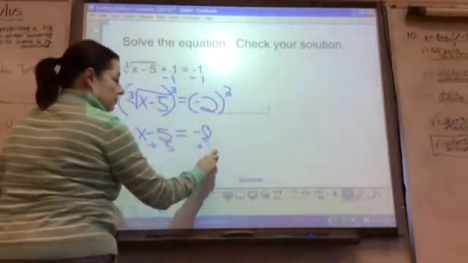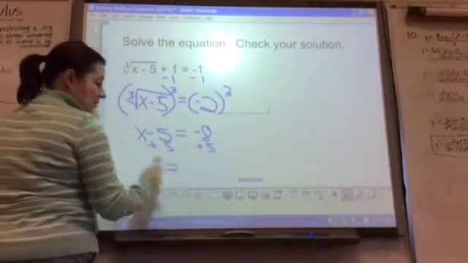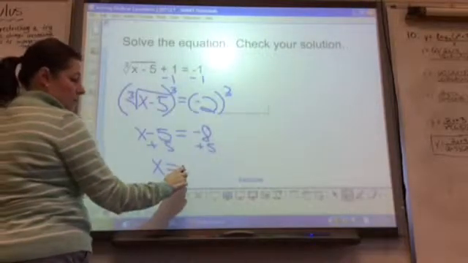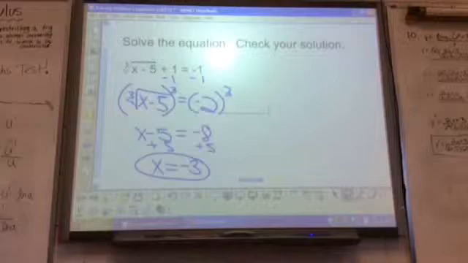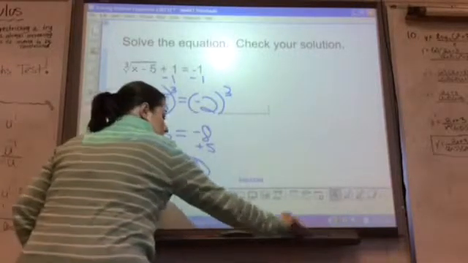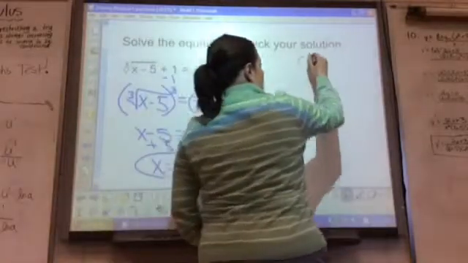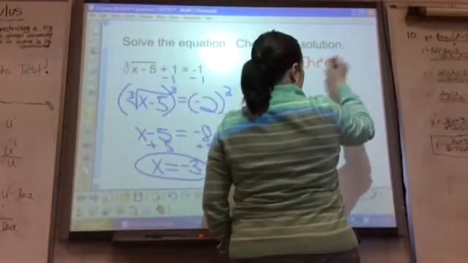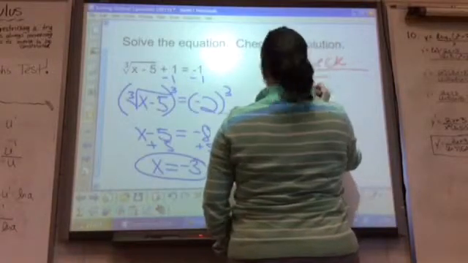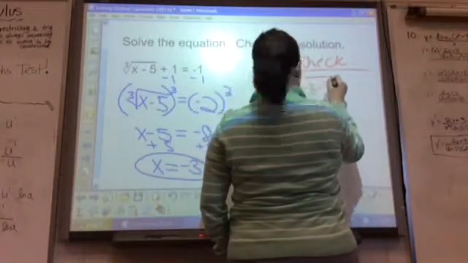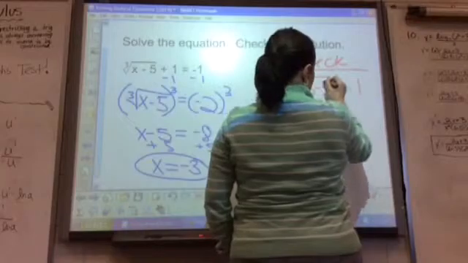Plus 5. All right. So x has to equal, we think it equals negative 3, but we're going to check it. I'm going to write it here and check it. So we got the cube root of negative 3 minus 5, plus 1.